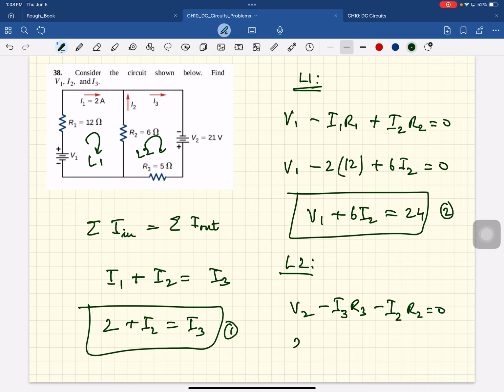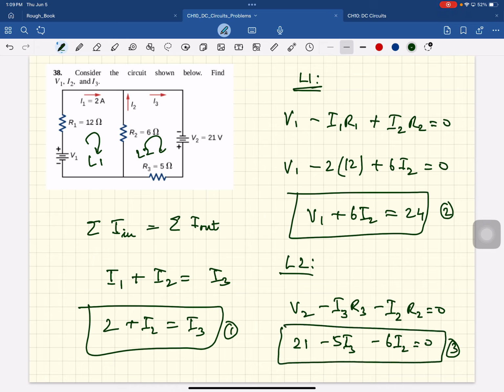V2 is 21. R3 is 5, so minus 5 I3, minus 6 I2. There's equation 3.